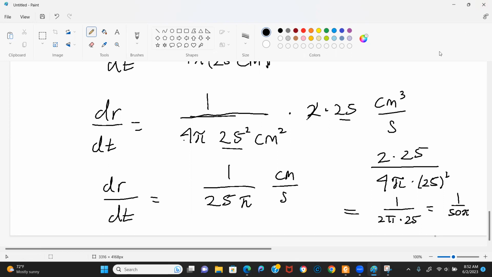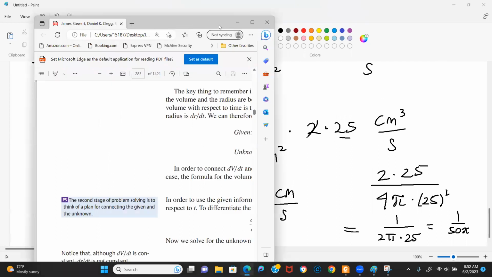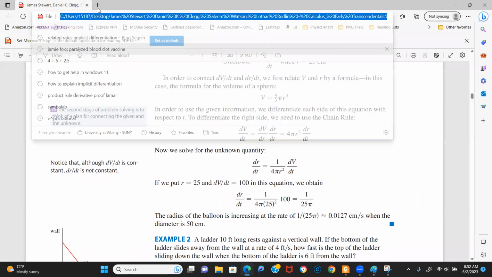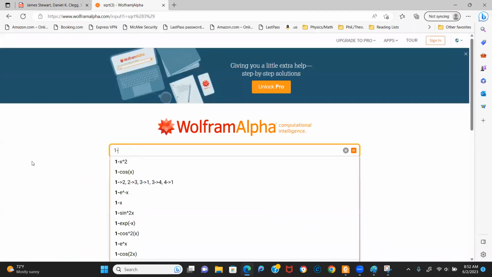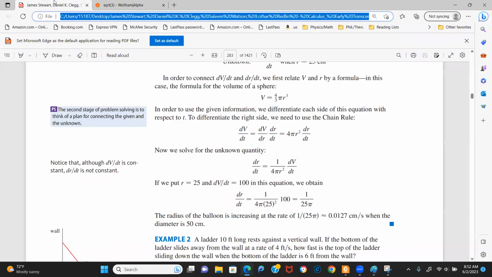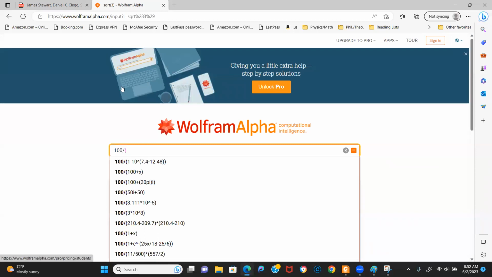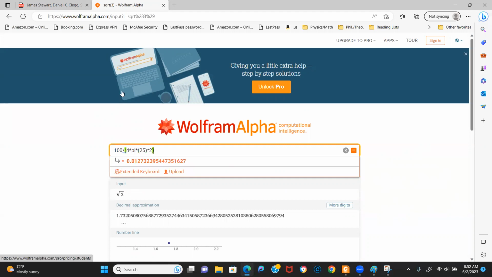All right, let me pull up the book for a second. Why is this happening? I don't understand. So it'd be 100 divided by 4 pi 25 squared. 4 times pi times 25 squared.